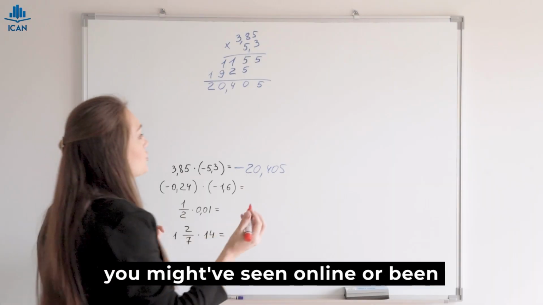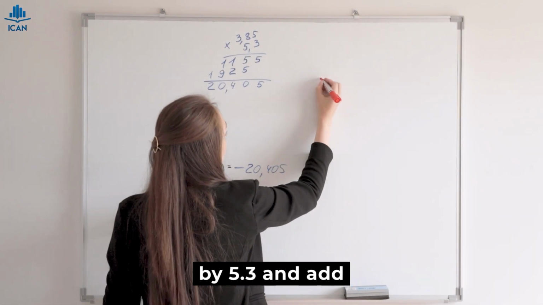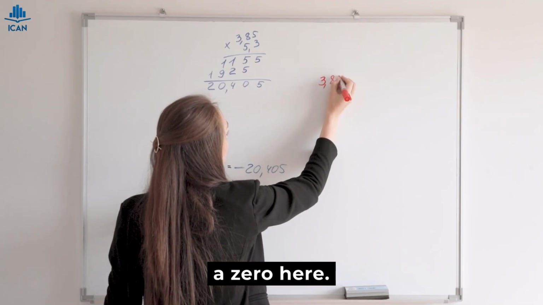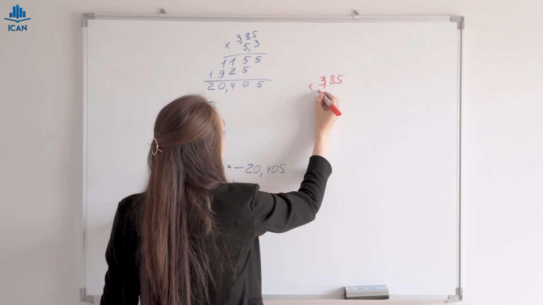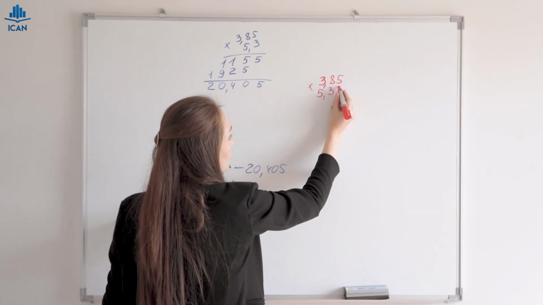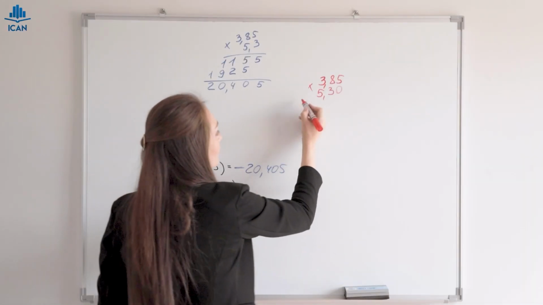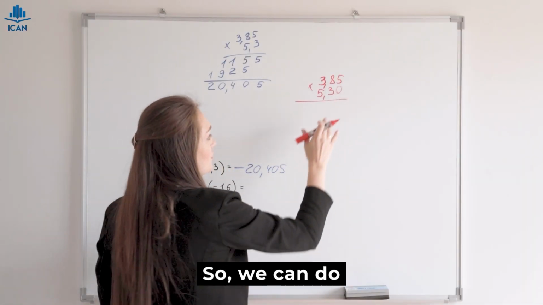I should mention, you might have seen online or been taught to multiply 3.85 by 5.3 and add a 0 here. That's okay too. So we can do that.